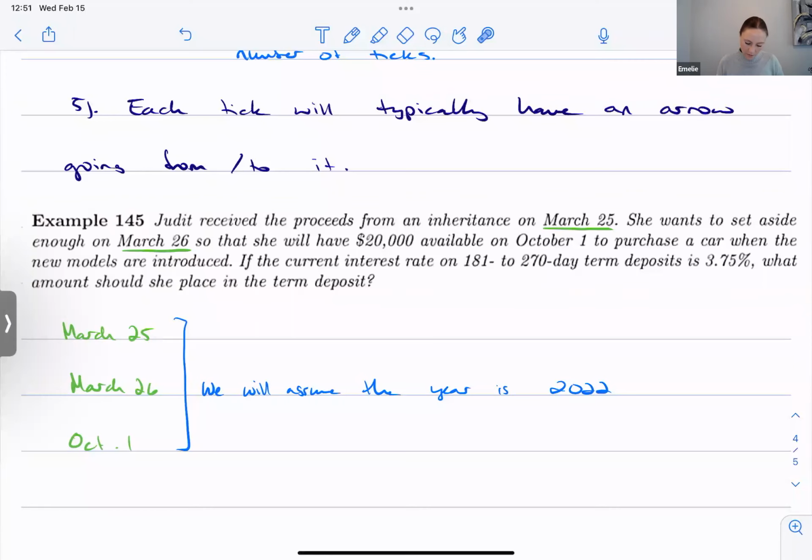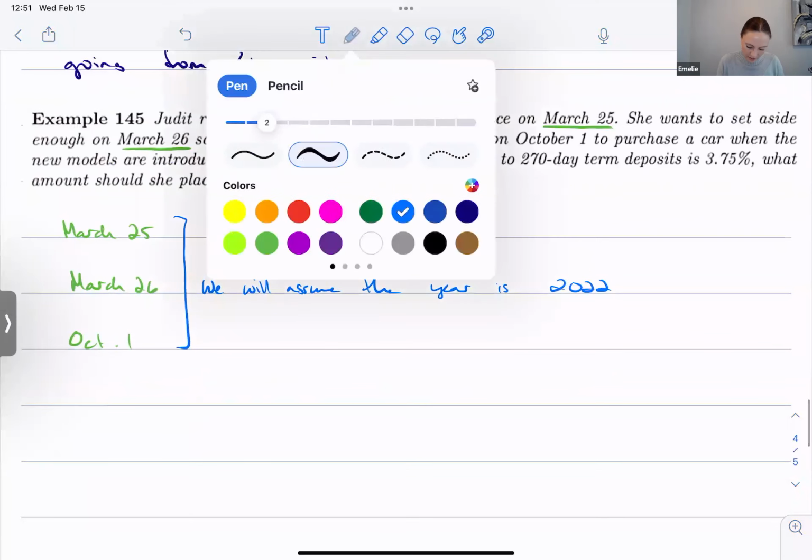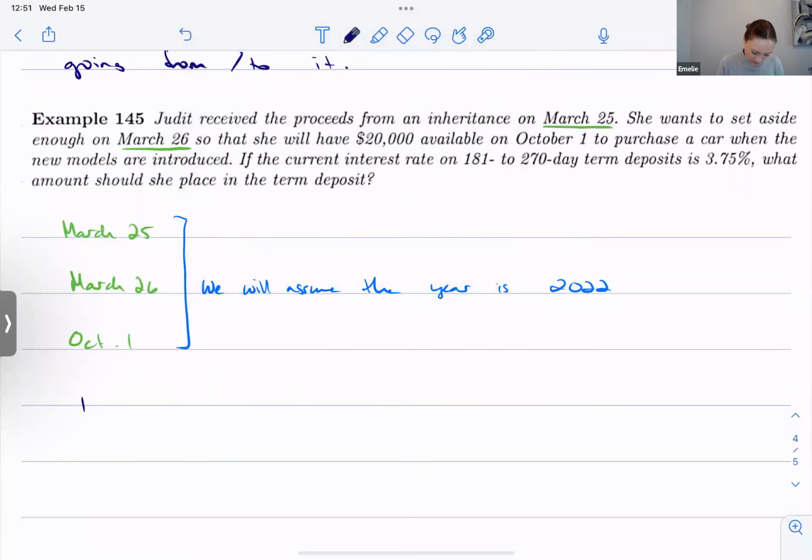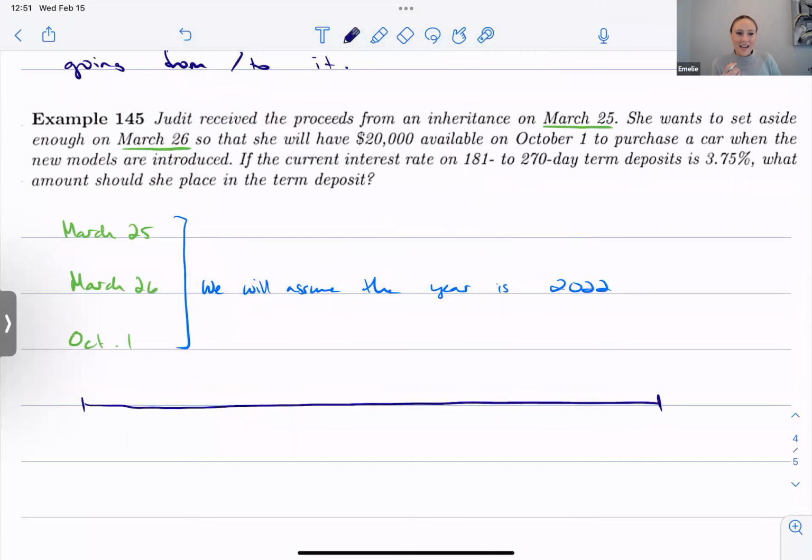Okay, so what we want to do is just to practice. I draw a start date and an end date. And I'm also going to put a tick for March 26th. I'm going to put them relatively close because there's just one day between them, but also the first one is nothing happened.